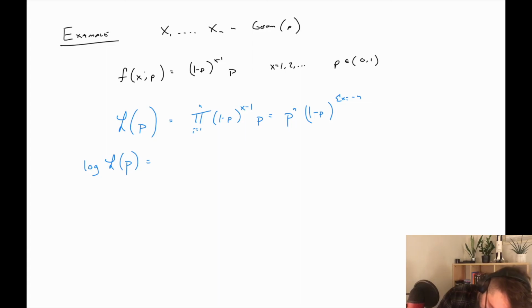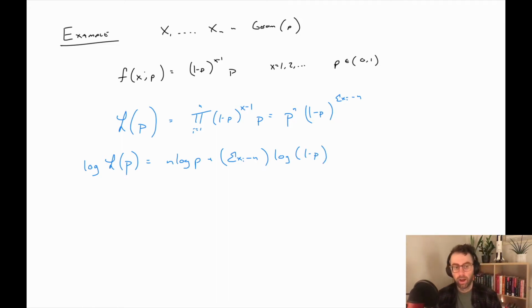Okay, so this should be n log p plus sum of the xi minus n times log of 1 minus p. Okay, great. So now I want to maximize this function, which amounts to taking a derivative, setting equal to 0, solving, and then maybe taking another derivative and verifying a few things.